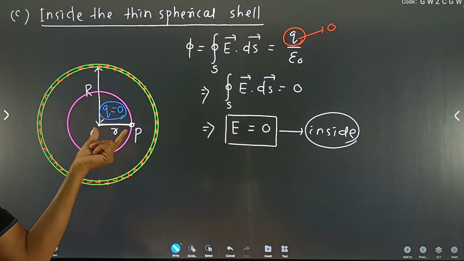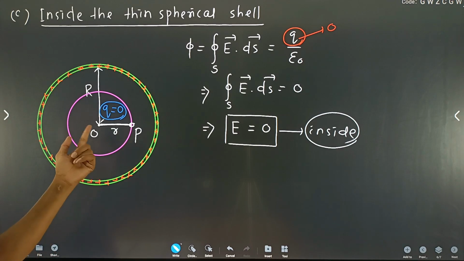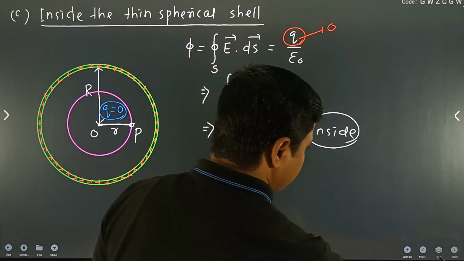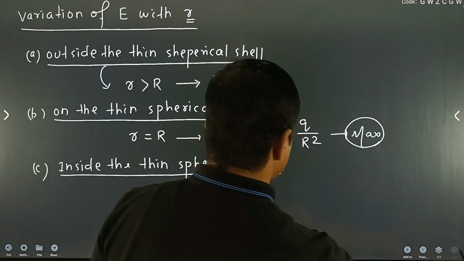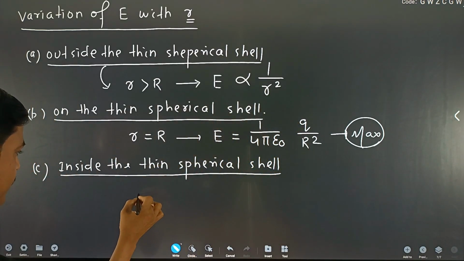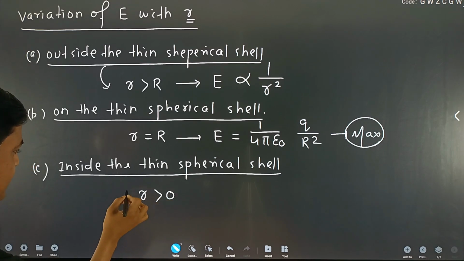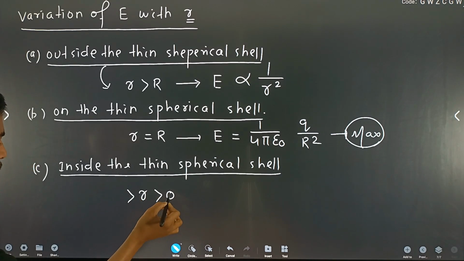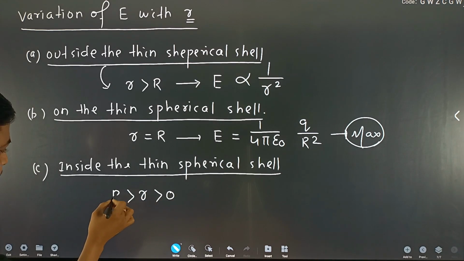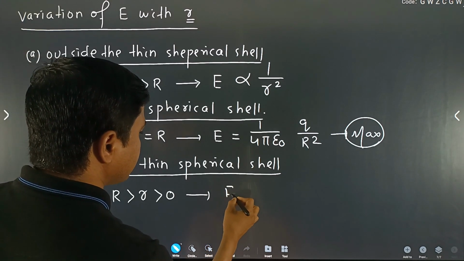Here small r is less than the radius and greater than 0, that is from 0 to capital R. This is the case where the point is in between the center and the radius, clear?